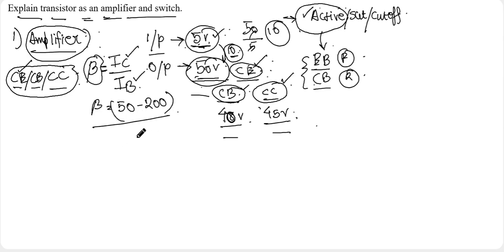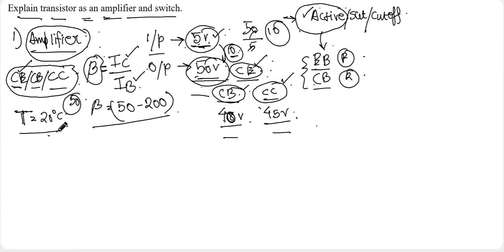Now, in order to ensure that this transistor operating in CE mode will give us a faithful amplification at the output each and every single time, we need to do the biasing. Because if we don't give the biasing, what happens? When the temperature changes, suppose the transistor is at T equal to 20 degrees centigrade. At that time, the transistor is giving an amplification factor of 50.